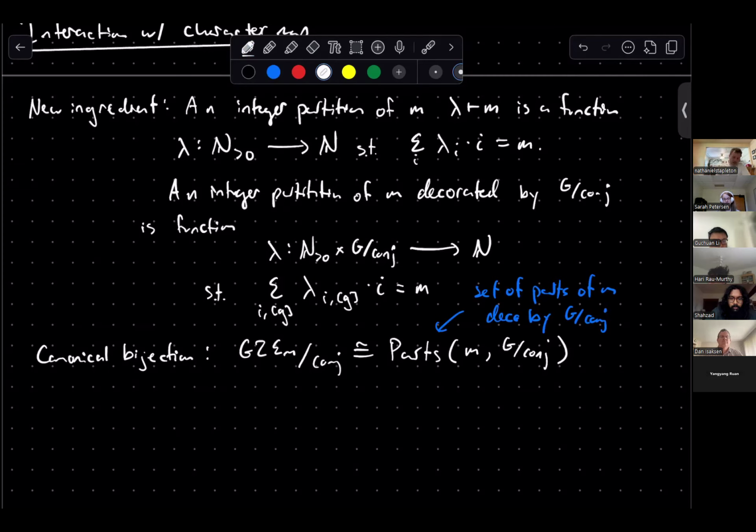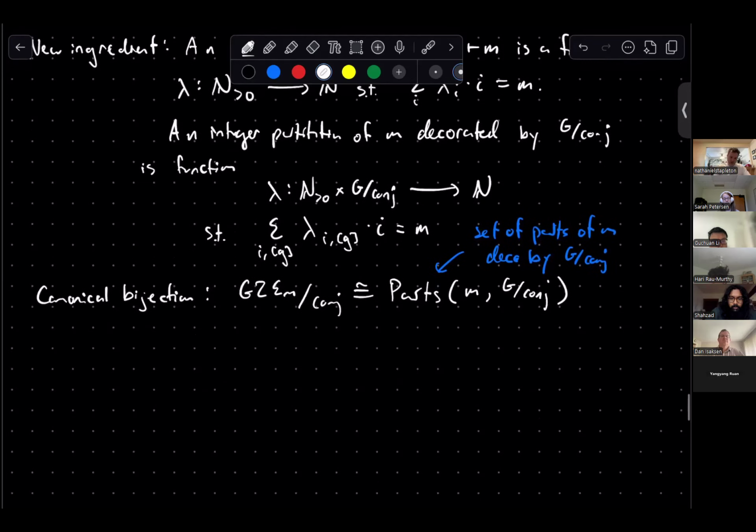But first, let me just say a word about what's going on here. So why on earth would you have a bijection like this?